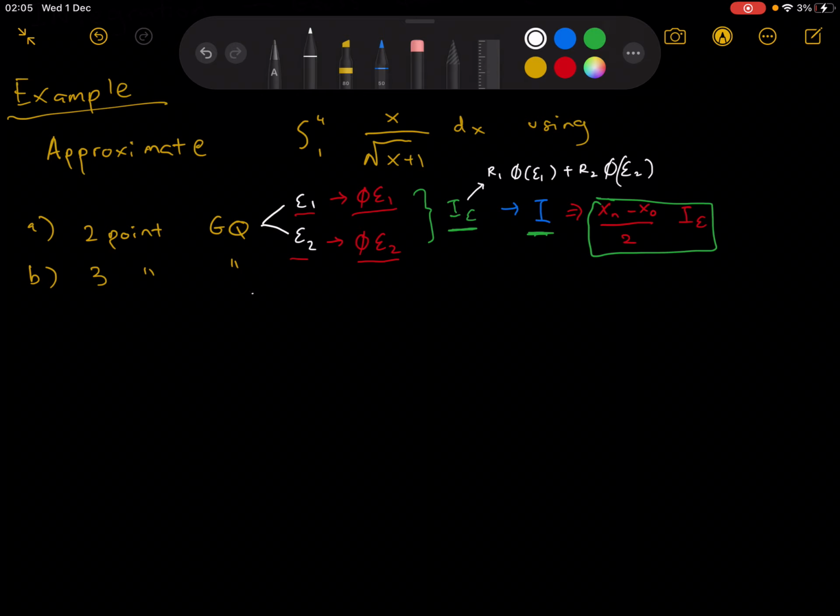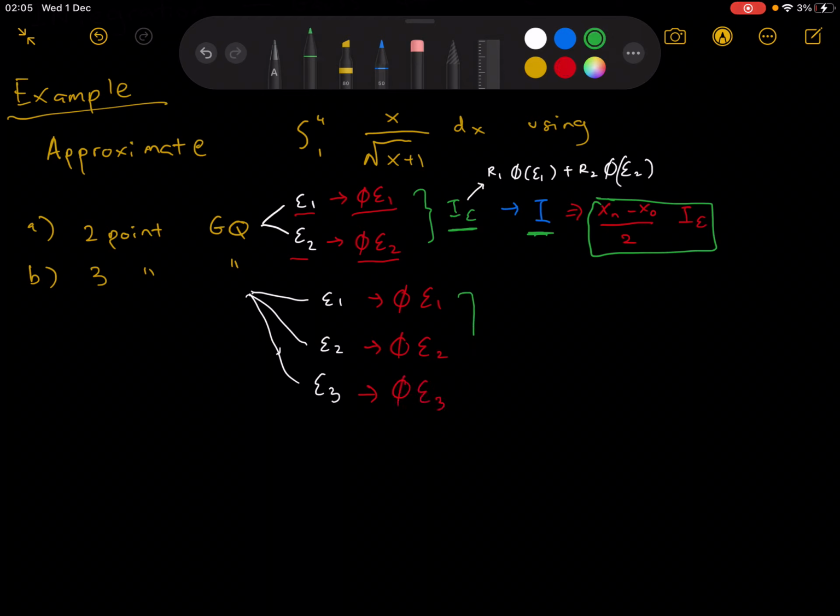So for 3 point, we know that we are going to have zeta 1, zeta 2, and zeta 3. Similarly, from zeta 1, we will get phi zeta 1. From zeta 2, we get phi zeta 2. And from zeta 3, we will get phi zeta 3.